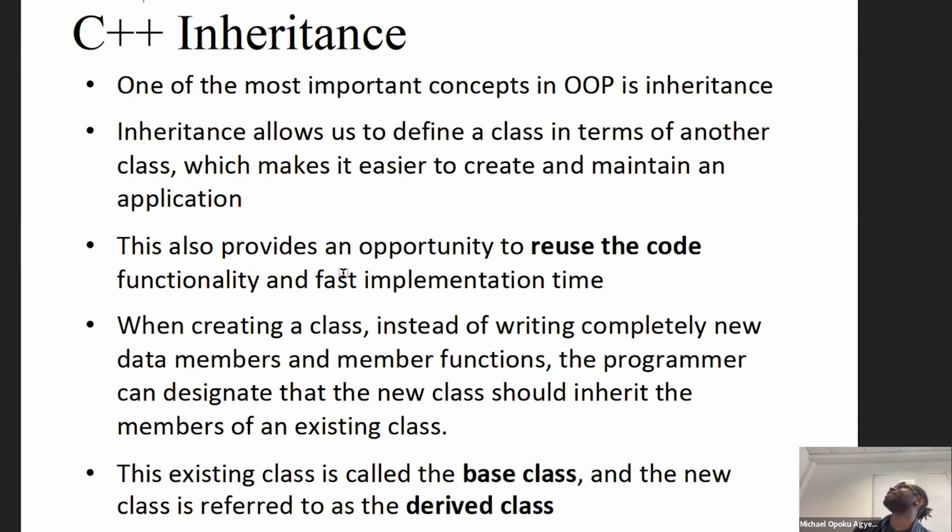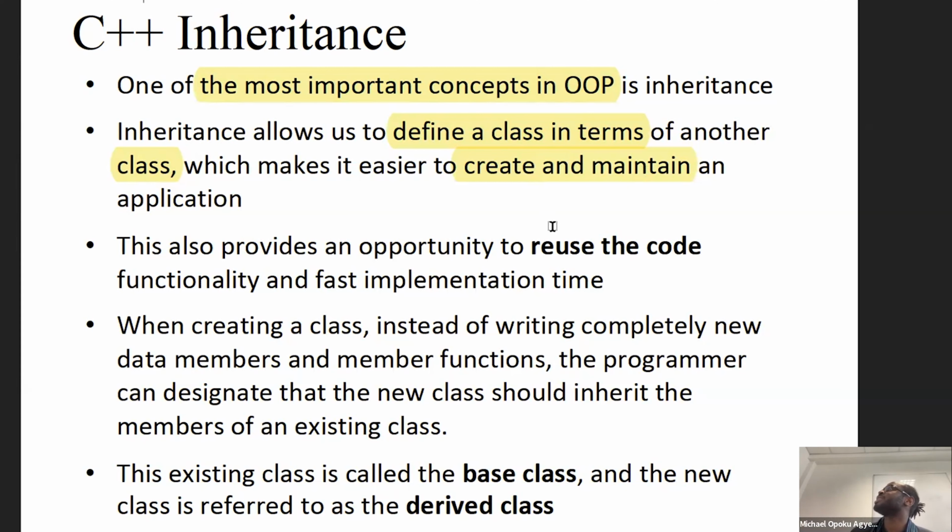Right, inheritance. This is one of the most important concepts of object-oriented programming. Inheritance allows us to define a class in terms of another class. Basically, we just get the benefit of the members or functions that the other class already has, which makes it easier to create and maintain applications.